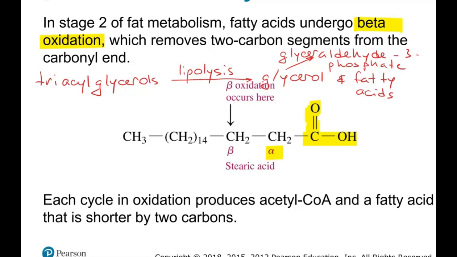The next is beta carbon. So what effectively happens, check this out. This chunk, these two carbons, are broken off, and the carboxylic group appears at the beta carbon.